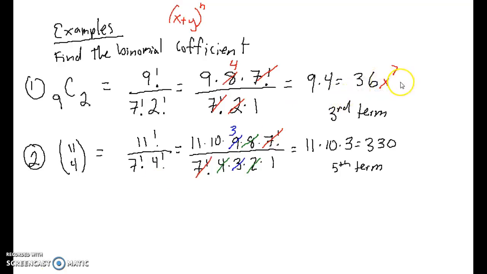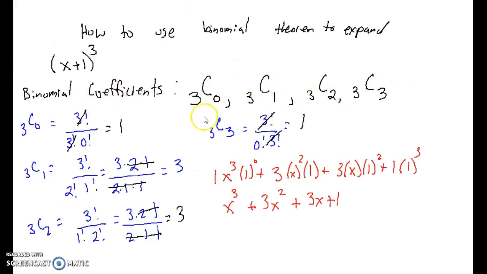And we know that all your exponents need to add up to the total, so that would be 2. Again, we start at power of 9: 9 is your first term, 8 is your second term, 7 is your third term. So this is not just your binomial coefficient, but your binomial term for this expansion. This is how we would use it.